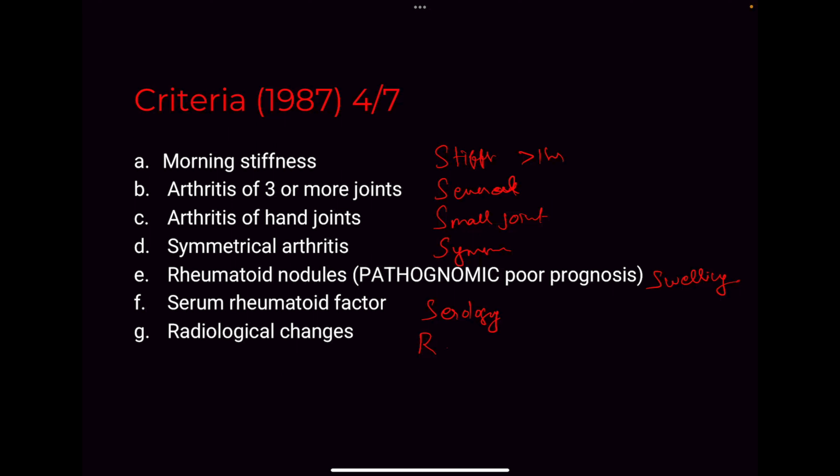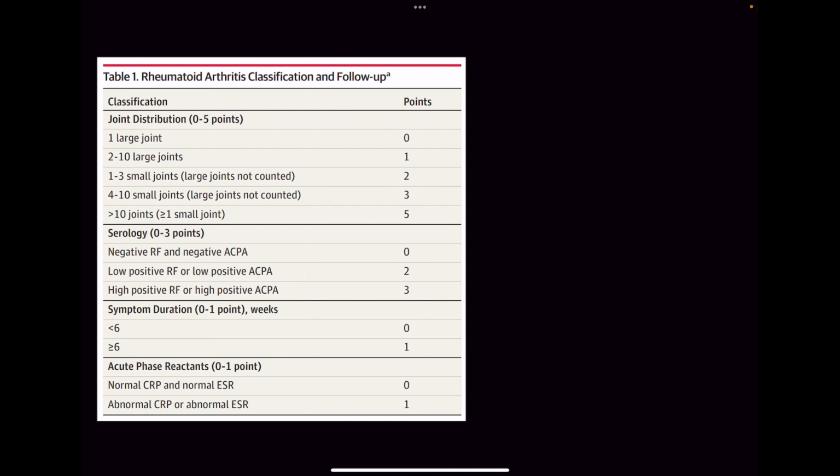So these are the 6 S, and the last component of this criteria is the radiological parameter. So 6 S and 1 R, that's how I remember this criteria. Of these 7, if a person is having 4 or more, then they are classified into the rheumatoid arthritis group.